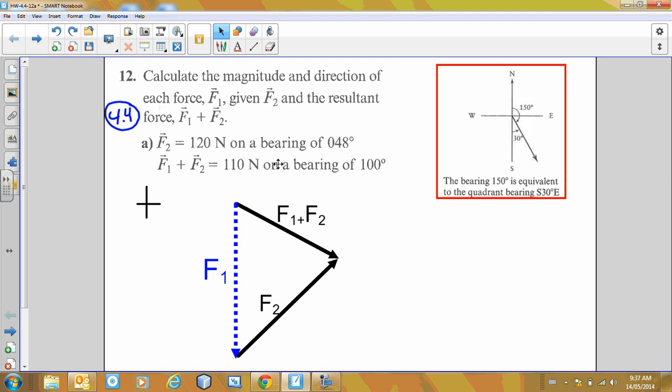Now, the information I know deals with the coordinate axis here, the northeast, southwest axes. I know that the resultant F1 plus F2 is 100 degrees coming around from here. And so I have to use that information.